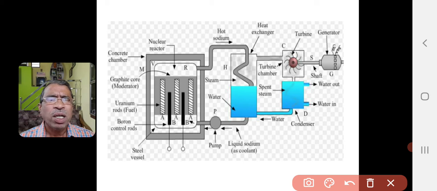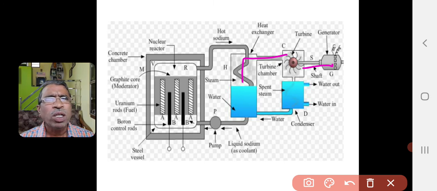You have liquid sodium circulating inside, known as hot sodium. The liquid sodium is circulated to remove the heat that is generated in the reactor core. This liquid sodium is passed like this and gives out its heat, and this heat converts water into steam, and that steam rotates the turbine, and this rotation is connected to the generator.